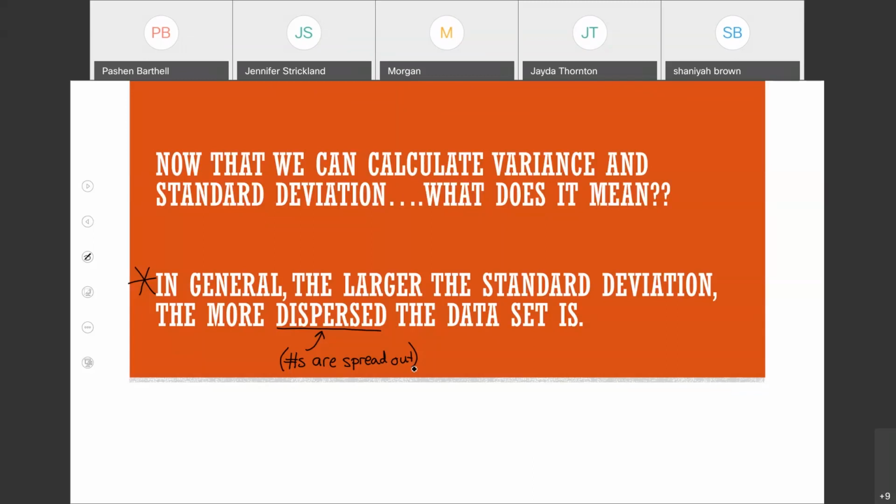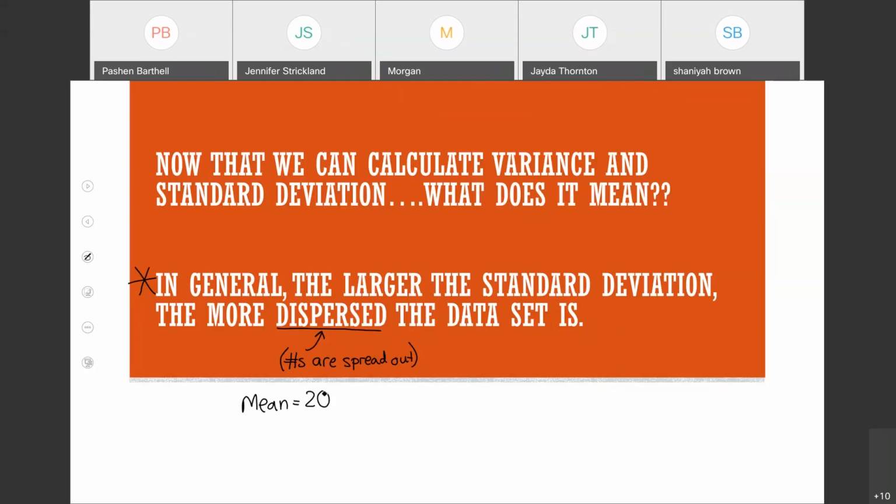Okay, so I'm going to give you, and this part I don't think you need to write down, but I want to explain just a little bit what we mean when we talk about something being dispersed or spread out. I'm just going to jot some stuff down here again. Just look for a second. So let's say that we have a data set that has a mean of 20.